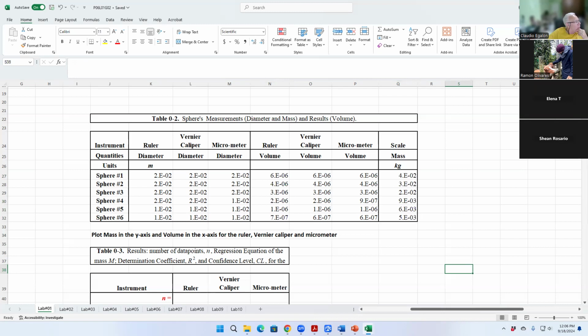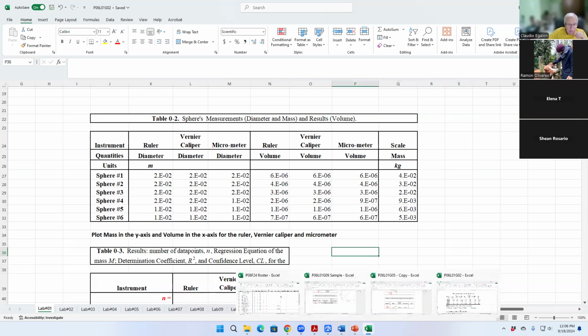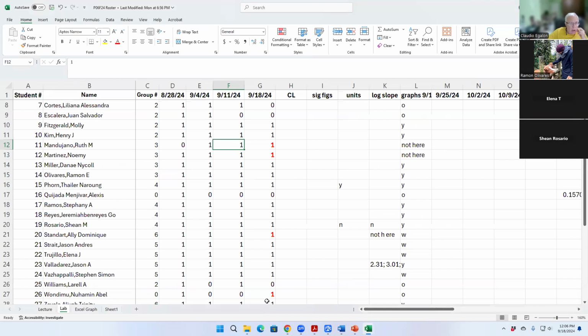Hi, Professor. Do you have to have a computer in order to get the graph? I have an iPad, but I can't do the highlighting for the ruler and the scale. Let's see, you have an iPad, right? Does the iPad have a command key?